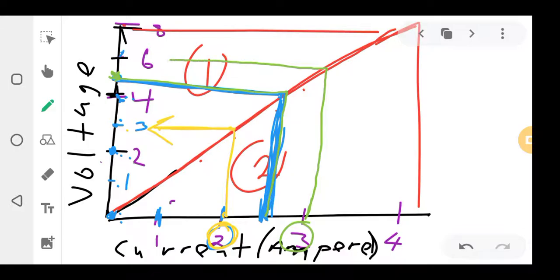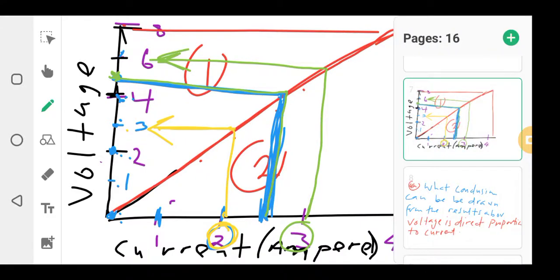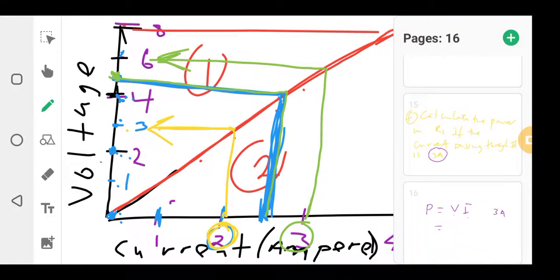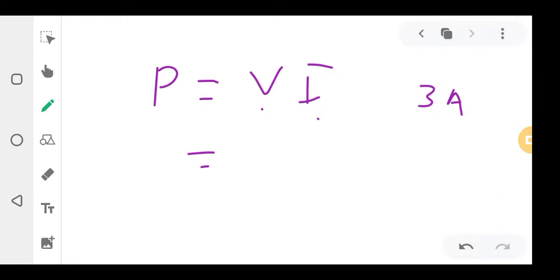Going upwards, the voltage is 6. It can be 6.1, 6.2, it doesn't matter. So I'll use 6, times current 3, so it is 18 watts.